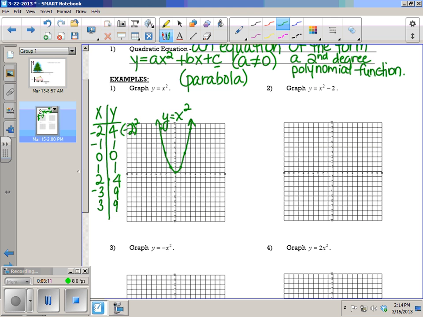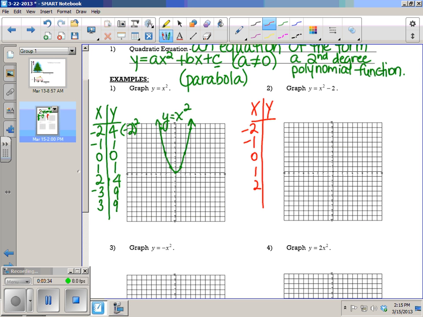Example number 2 is y equals x squared minus 2. So really we're taking the example from number 1 and subtracting 2. I'll switch colors and have this one stand out a little bit to show that it's different than the first one. I have the same values that I can use, -2, -1, 0, 1, and 2.